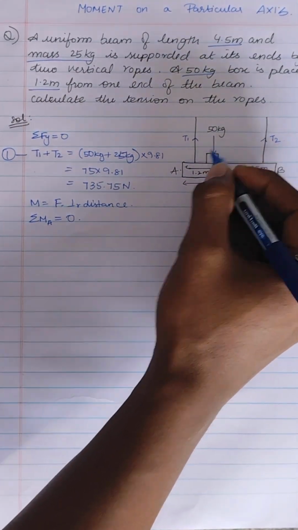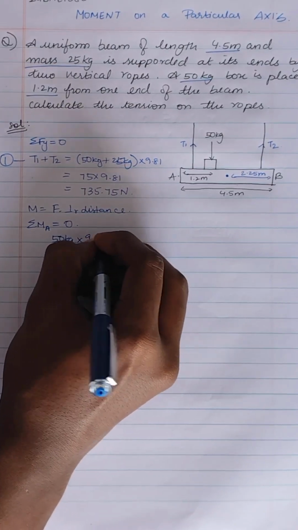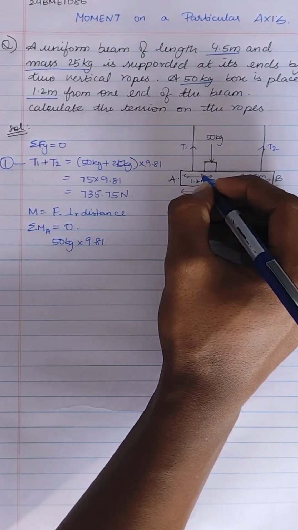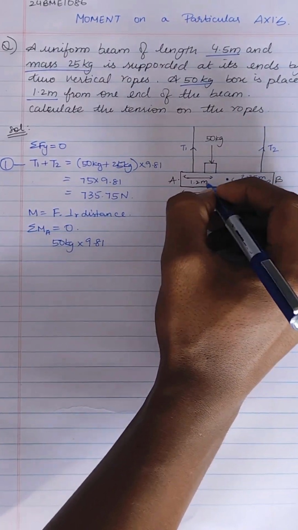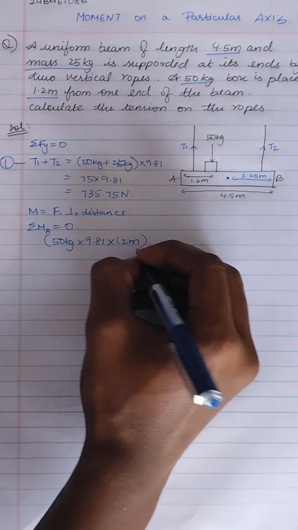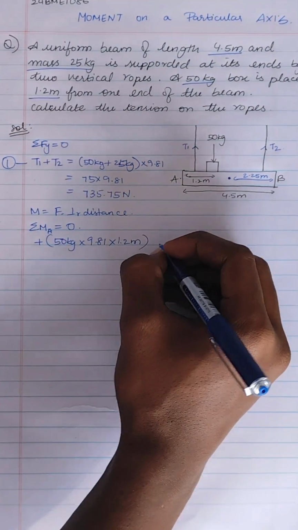This force is acting, 50 kg into 9.81, and the perpendicular distance from A to this box is 1.2 meters. And this is clockwise, so we are going to take it as positive.